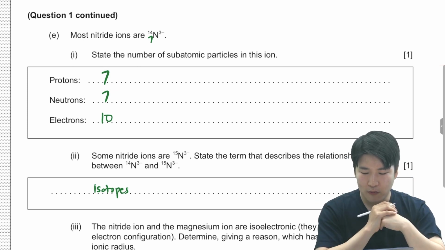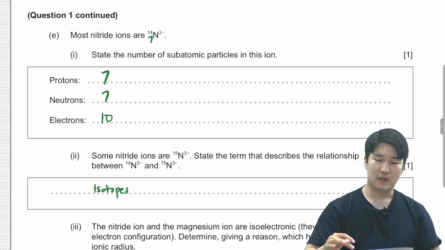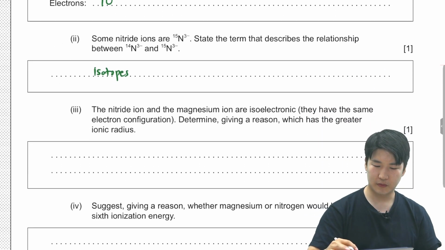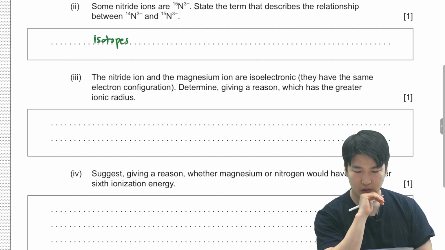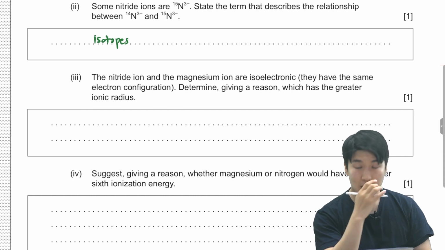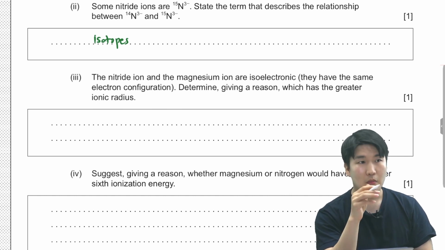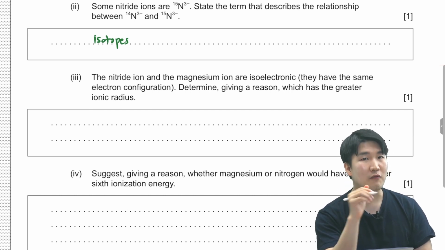The isotope nitrogen-15 would contain 8 neutrons instead of 7. I could also say isoelectronic atoms with different mass number.